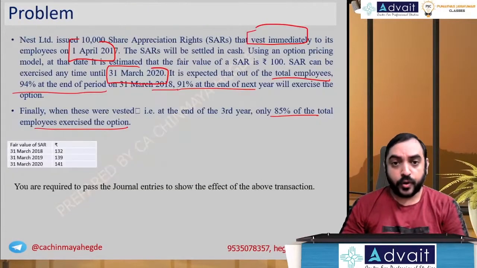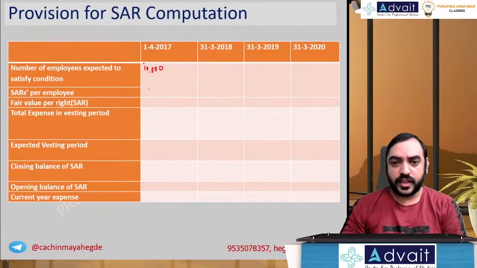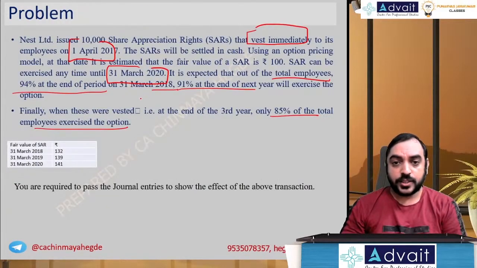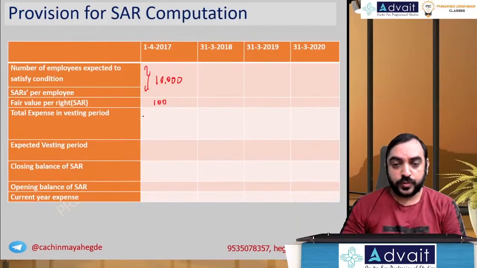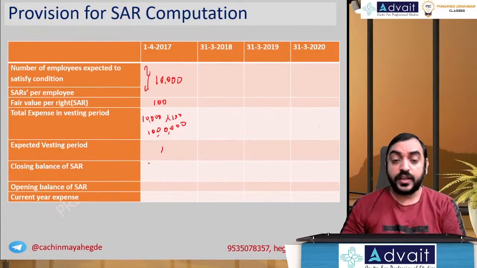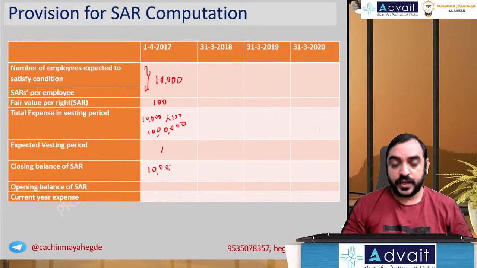So SAR per employee, we just don't have, together we have 10,000. Fair value per right is 100. Total expense is going to be 10,000 into 100, which is 10 lakh. Vesting period immediately, 1 year. So closing balance should be 10 lakh. There is no opening balance. So current year expense is 10 lakh.